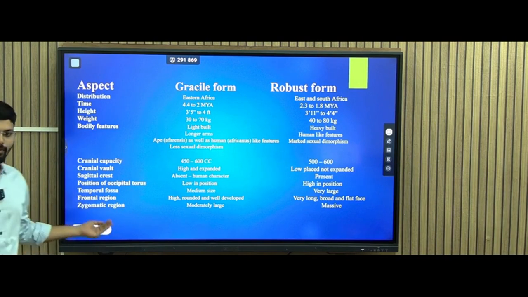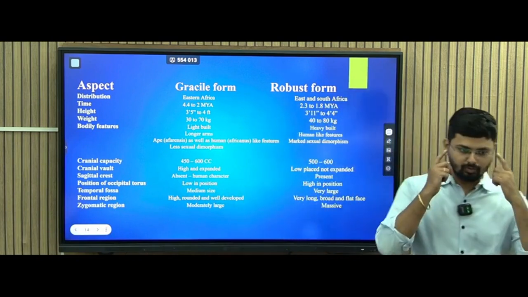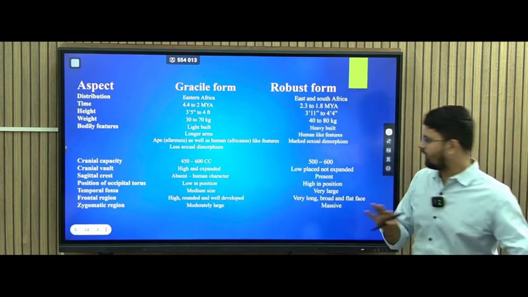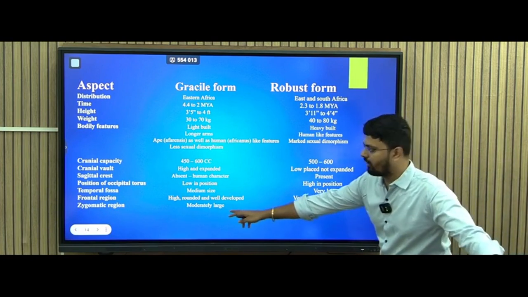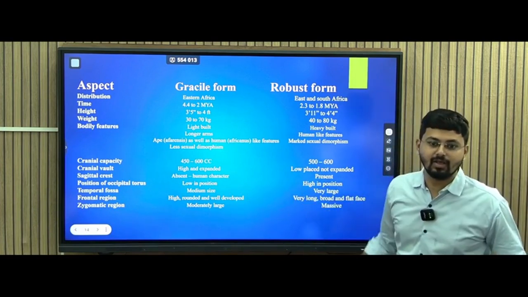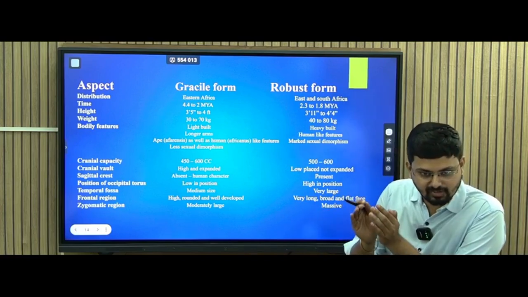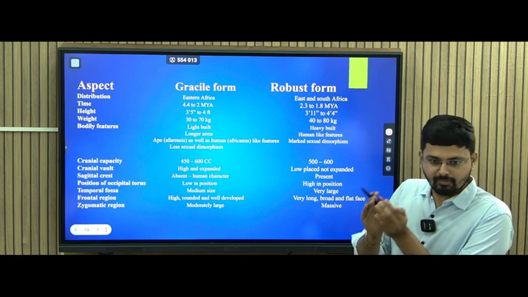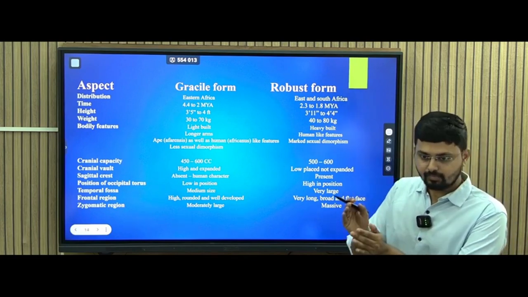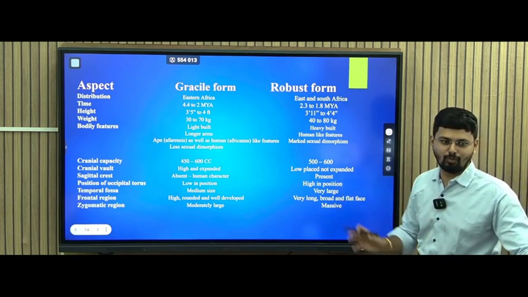Okay, then zygomatic bone. I hope by now you all know zygomatic bone. What is zygomatic bone? We have discussed, right? So that zygomatic bone here it is large and here it is massive, moderately large, massive. If you see, as we become humans, this zygomatic bone size will reduce. It will become small in size. Okay, so never write that large zygomatic bone in later Homo fossils.